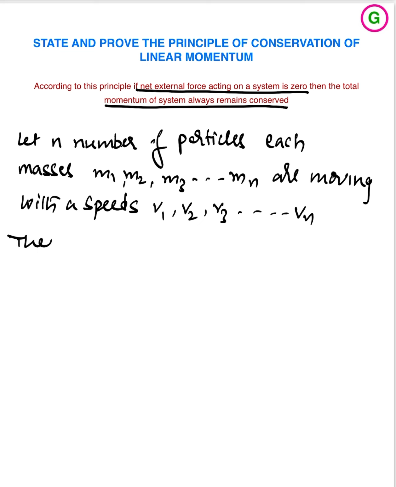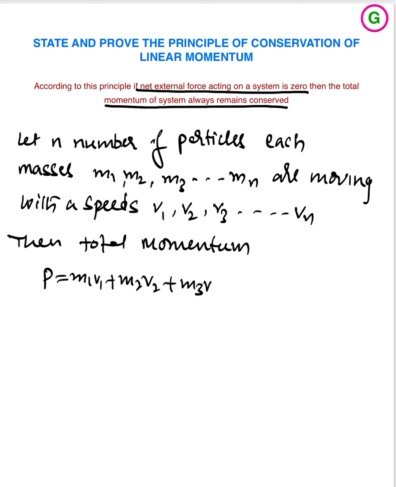Then the total momentum P is equal to m1 v1 plus m2 v2 plus m3 v3 and so on up to mn vn.